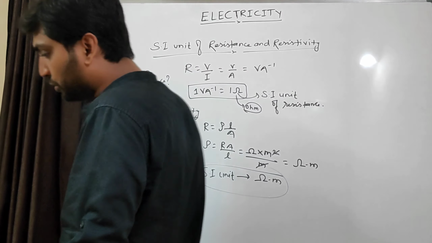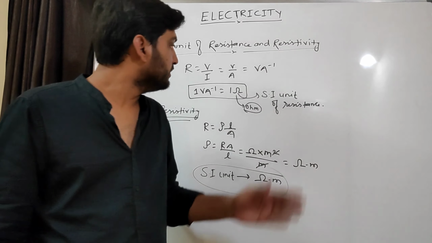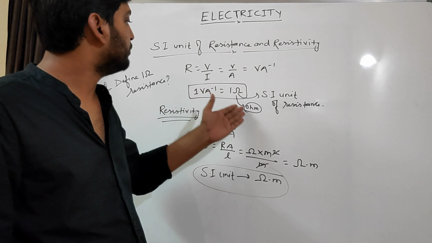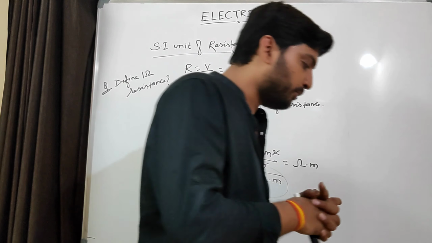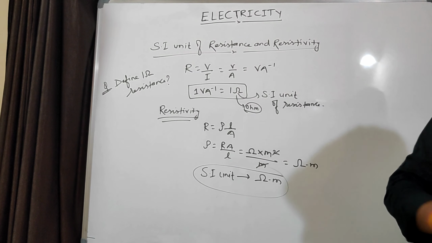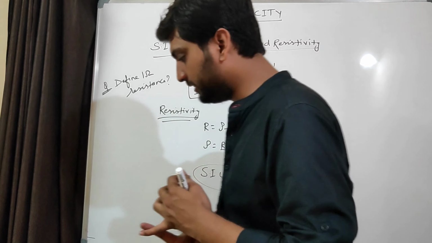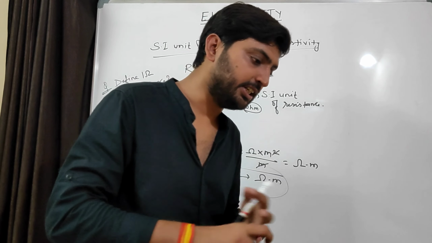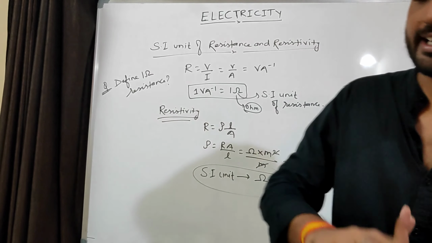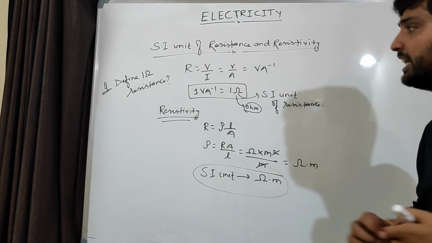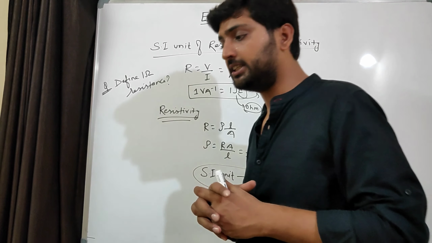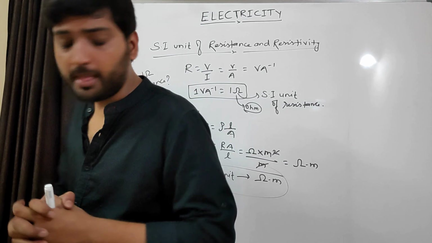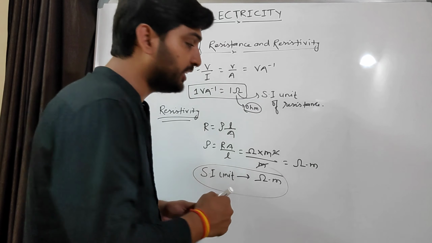Okay, done. So what we have studied today: Ohm's law, then resistance, factors on which resistance depends, then resistivity, factors on which resistivity depends, and the SI unit of resistance and resistivity. What are the formulas we have studied today?